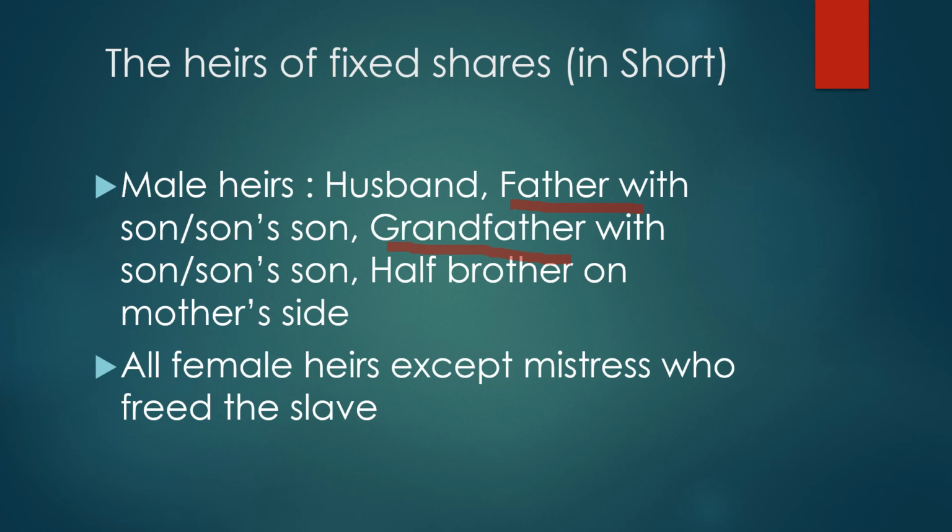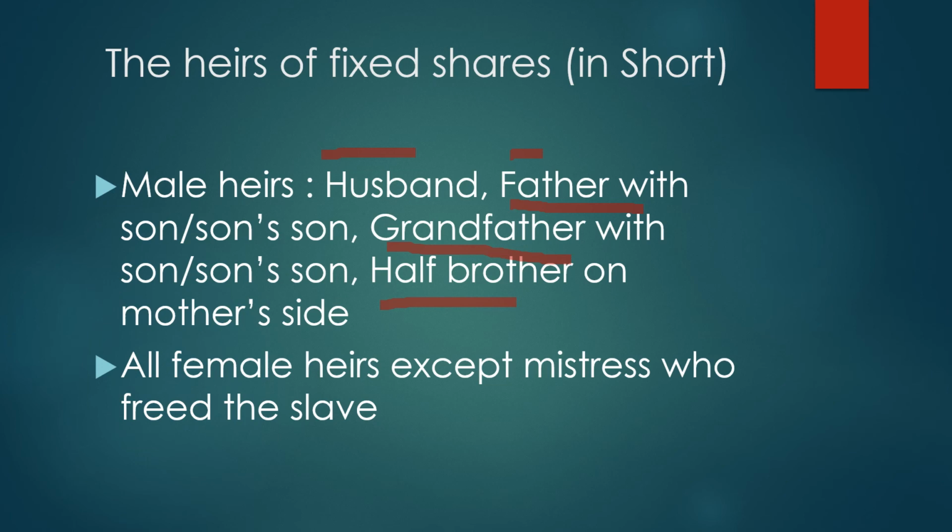So out of the 15 male heirs, husband is one, father with son or son's son. When father comes with the dead person's son, or the dead person's son's son, the father will be the heir of fixed share, and likewise the grandfather. And the fourth one is half brother on mother's side. Always he comes as heir of fixed share. Please note it.